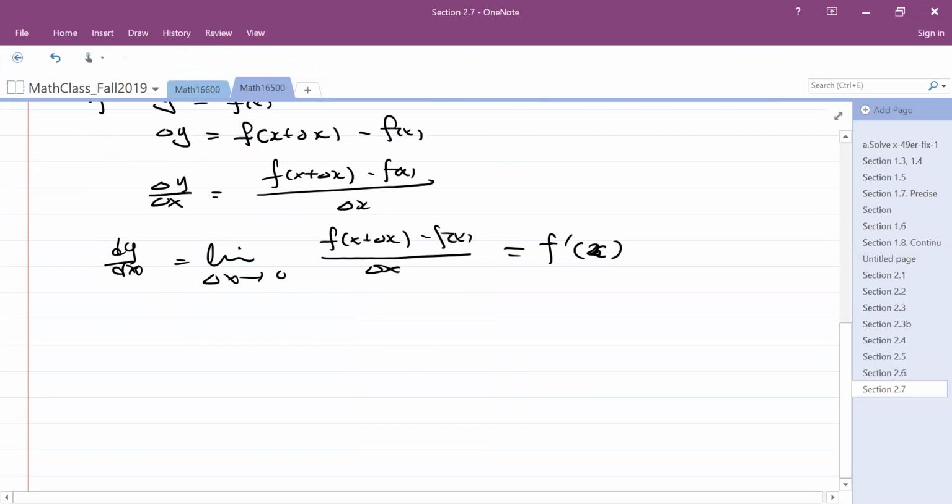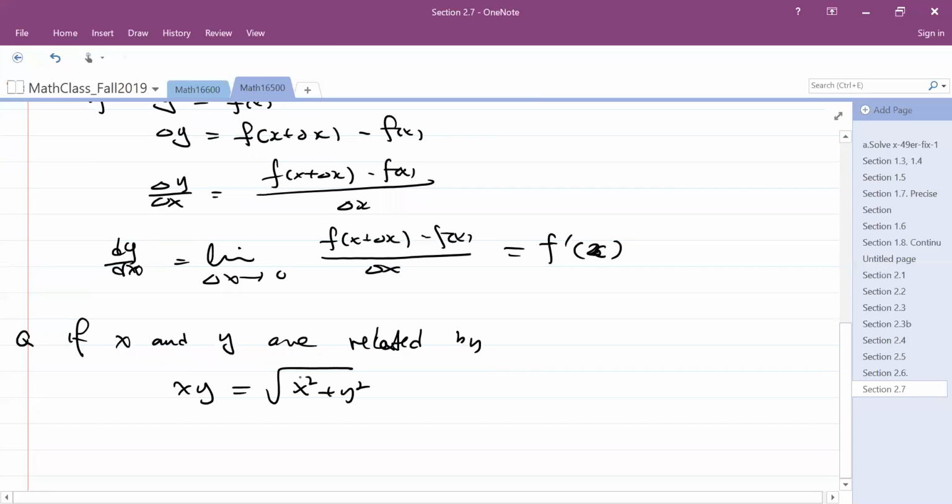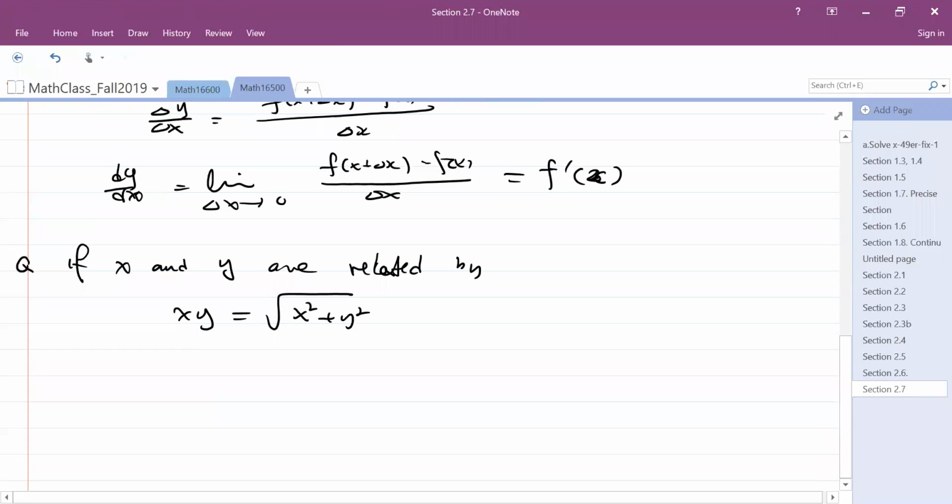Now sometimes two variables are related in a very strange way. For example, if two quantities x and y are related by the following equation: x times y equals the square root of x squared plus y squared. So y depends on x, x depends on y.